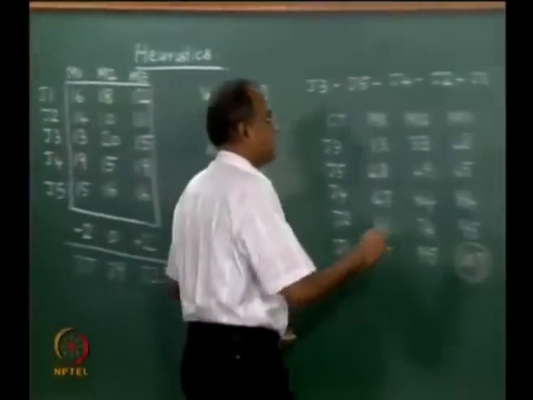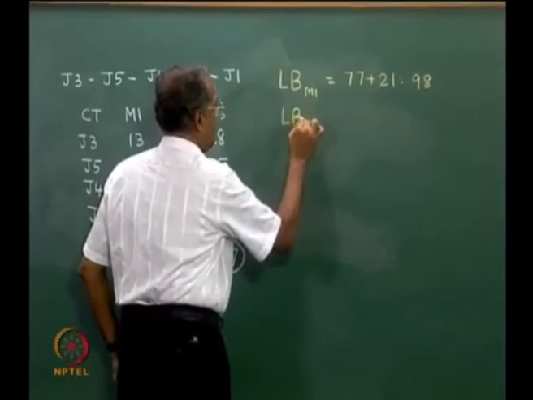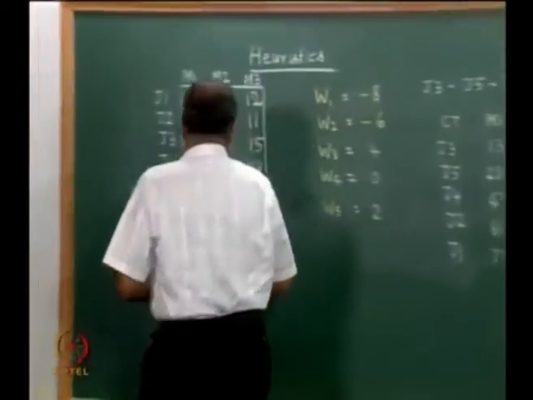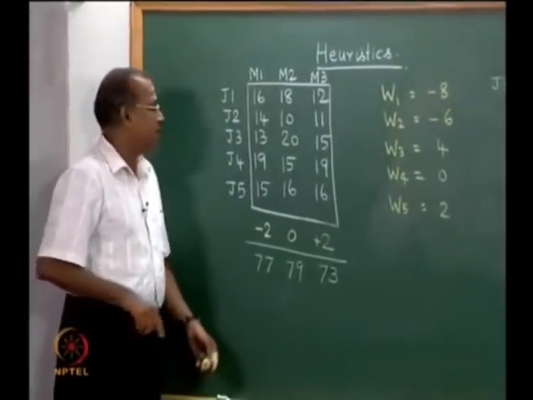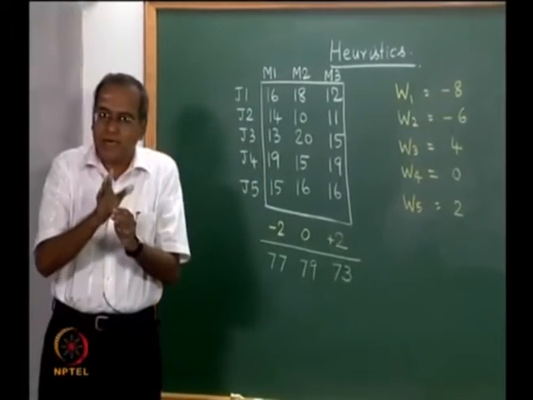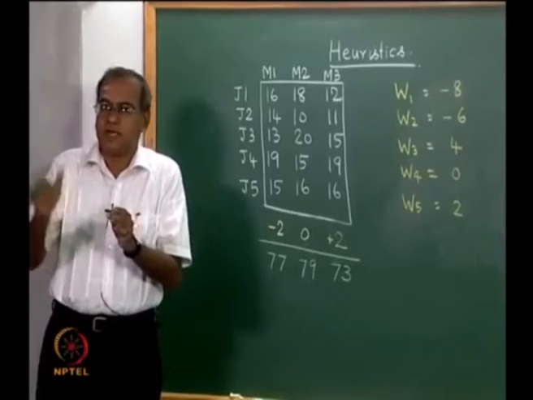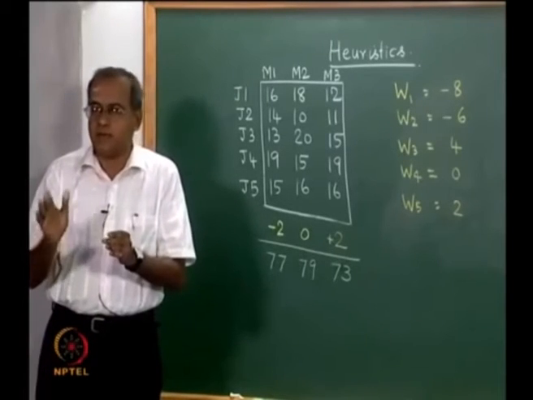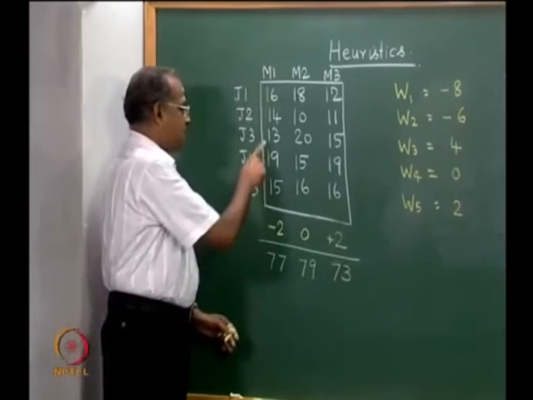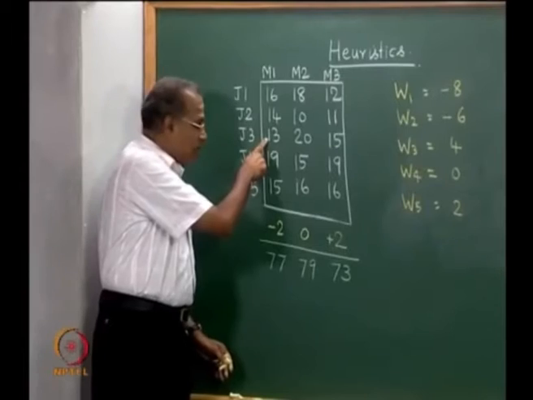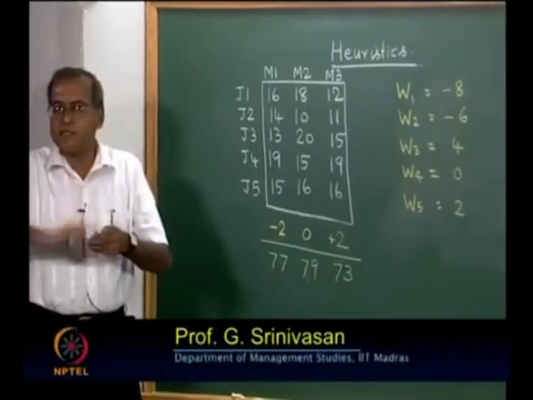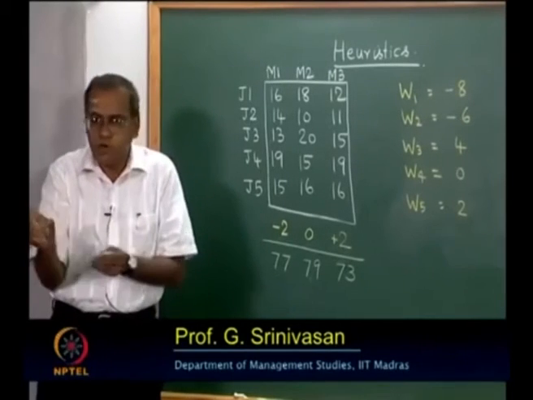Now, lower bound based on M2 will be the earliest we can start processing on M2, which is the minimum of these, 13, because no job can directly start on M2. It has to go to M1 and then only it can start on M2. So, the earliest M2 can begin is the minimum of these numbers, which is 13. M2 itself requires another 79, and then the last job on M2 also has to go to M3.